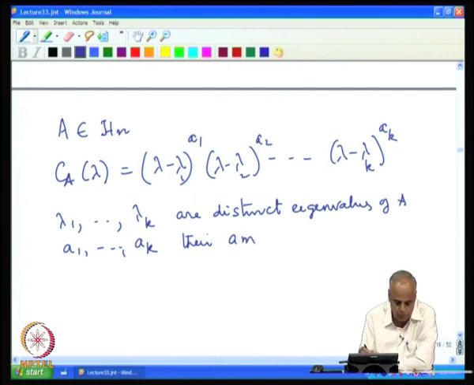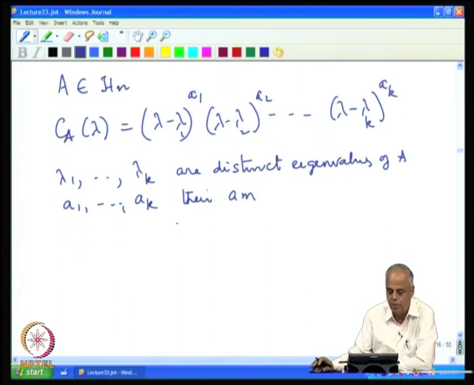This is our usual notation. This is how we denote the characteristic polynomial and the distinct eigenvalues.